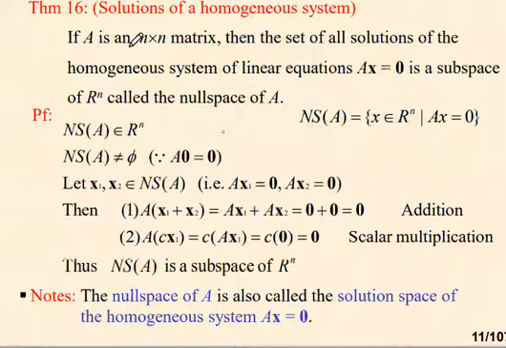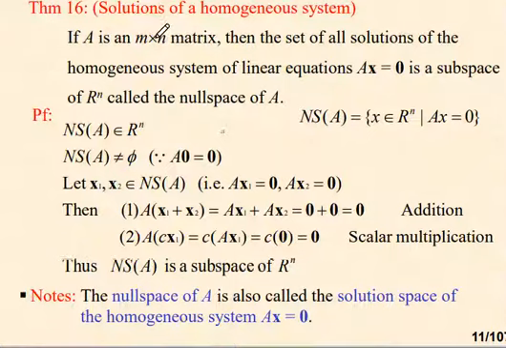A is an m by n matrix. Then the set of all solutions of the homogeneous system is a subspace of Rn. So here, A has n number of columns and x has n number of rows.